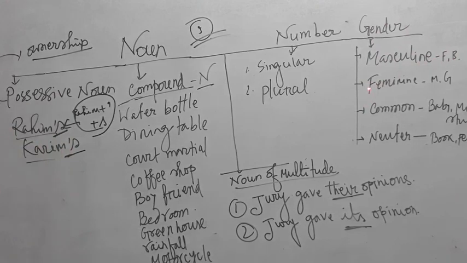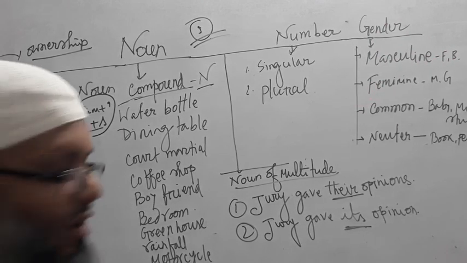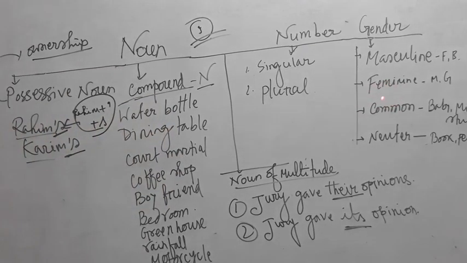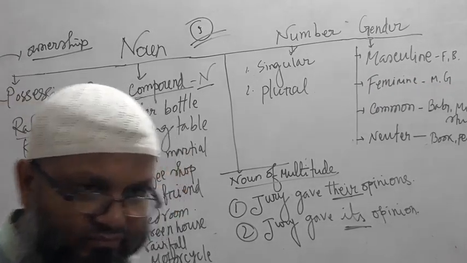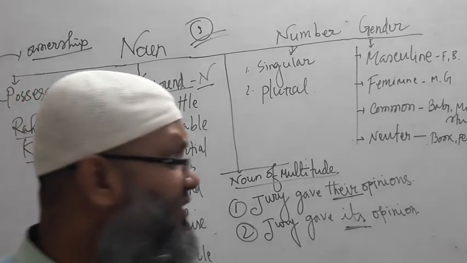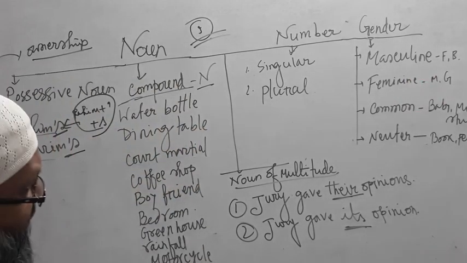What is feminine? That means female or femininity. If I give you example, mother, and then sister, and then lioness or tigress. In this way, we can tell.